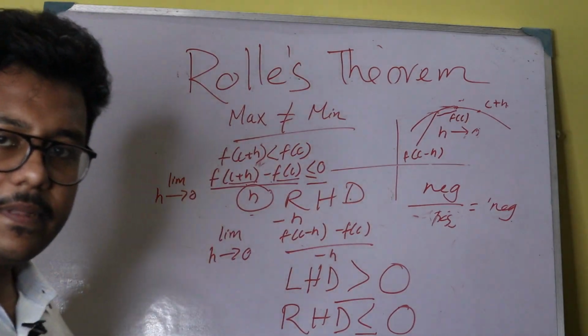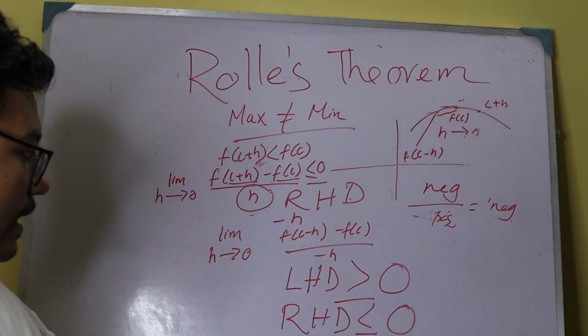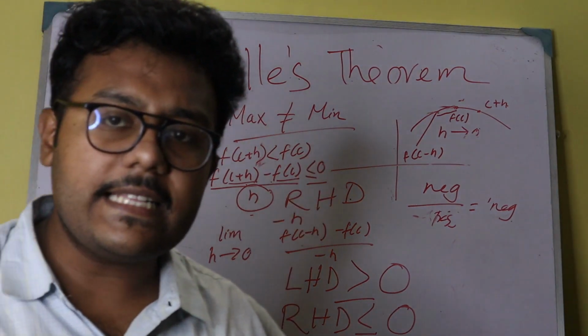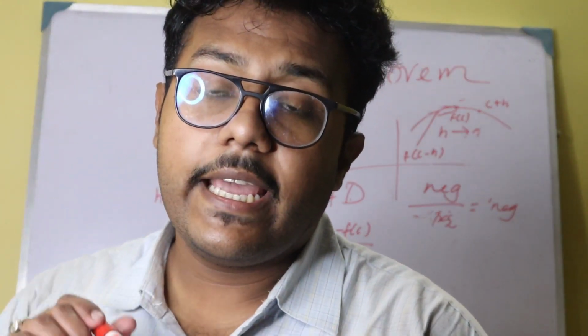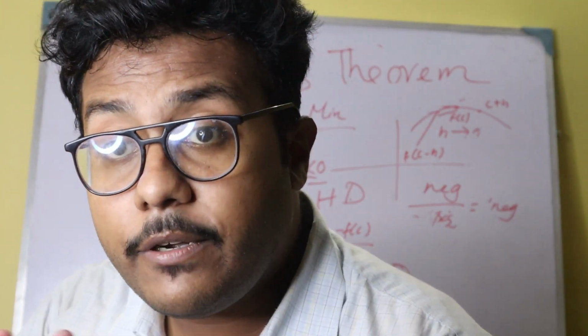So from these two parts, LHD greater than or equal to 0 and RHD less than or equal to 0, we can say that the differentiation will exist when LHD is equal to RHD, but there is only one common region between these two.